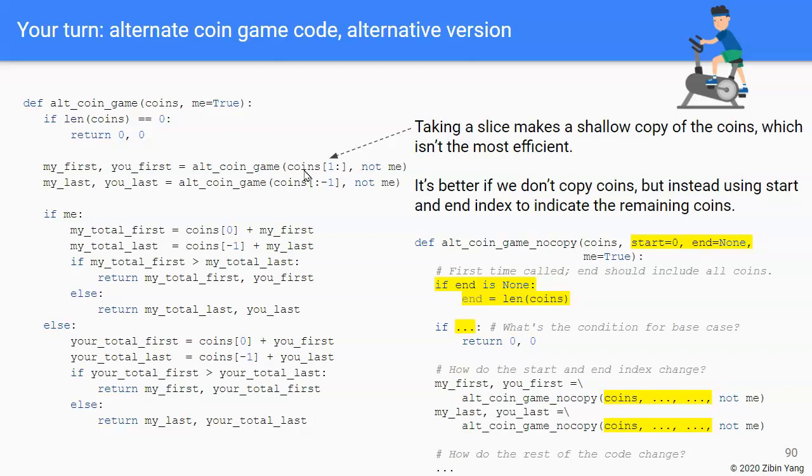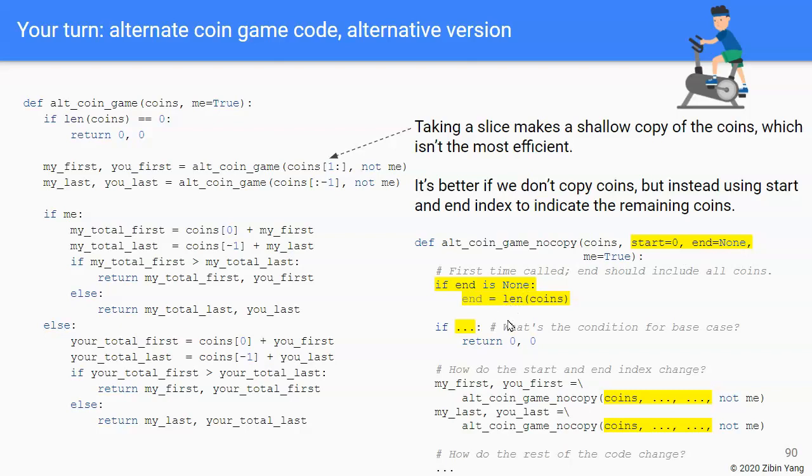So it is better if we don't make a copy of the coins, but instead just pass around indexes, like a start and an end index, so that we know which of the coins we can pick from. By default, we should start at 0. We don't know where the end is, so we'll start with None. But if the end is None, then we know the end should be the length of the coins.